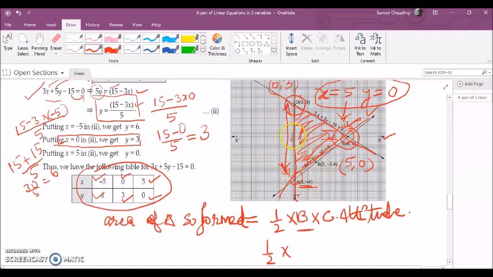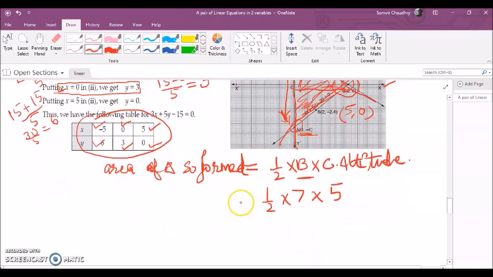So this is your base, meaning 3 and 4, 7. This is 7 units, into this is our altitude. Now look at this: 0, 1, 2, 3, 4, 5, because x is equal to 5 here. So this corresponding altitude is 5.